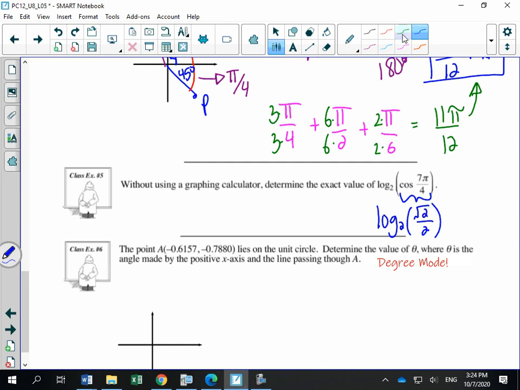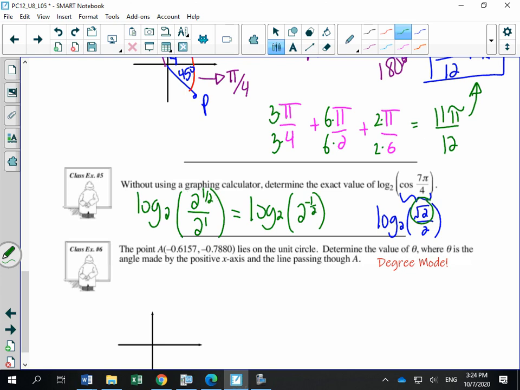So that would be log base 2 of, the square root of 2 is the same thing as 2 to the power of 1/2, and the denominator is 2 to the power of 1. You should just be able to do 1/2 minus 1 is negative 1/2.